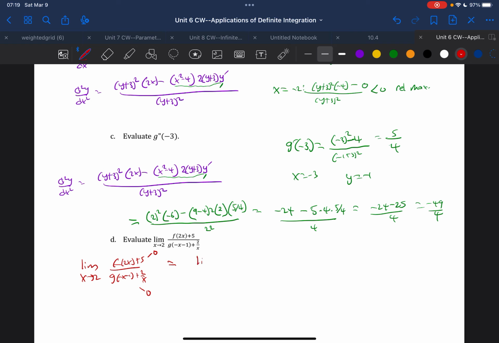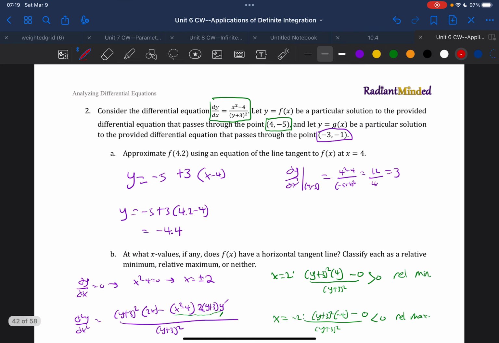And now we invoke L'Hopital's rule. So then you take the derivative, so you get 2f prime of 2x over -g prime of (-x minus 1), minus 2 over x squared. And as x approaches 2, you get 2f prime of 4 over -g prime of -3, minus 2 over 4, or minus 1/2.